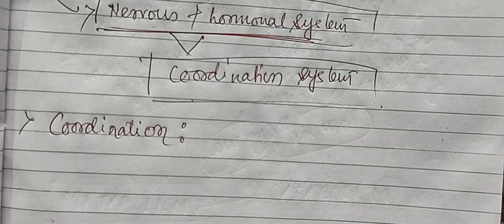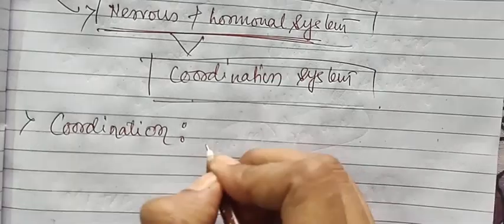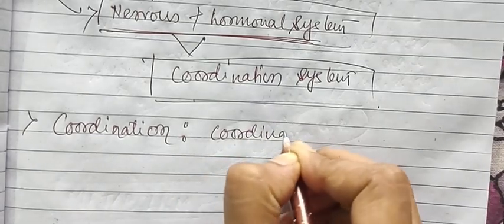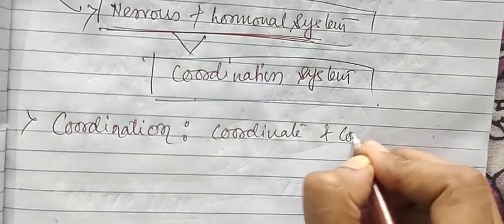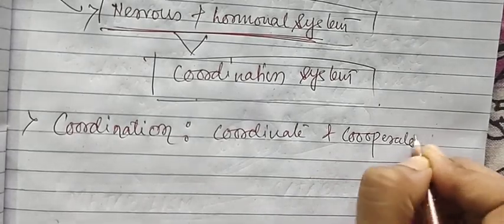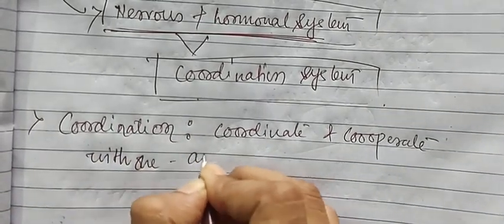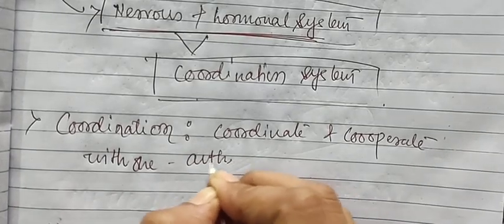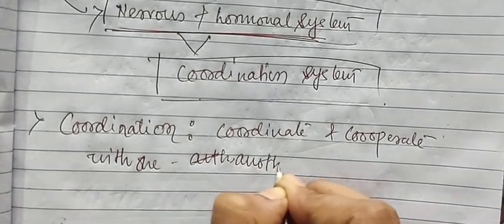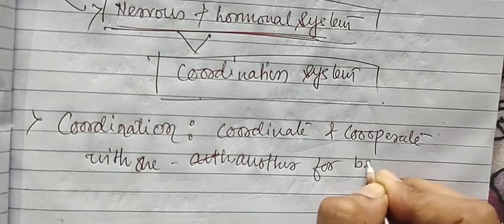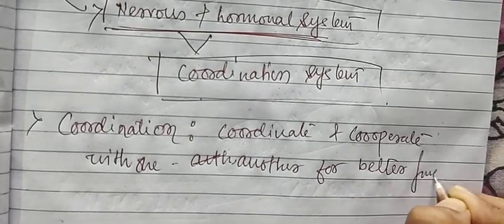This is the process called coordination, that all the parts of the organism coordinate and cooperate with one another for better functioning.